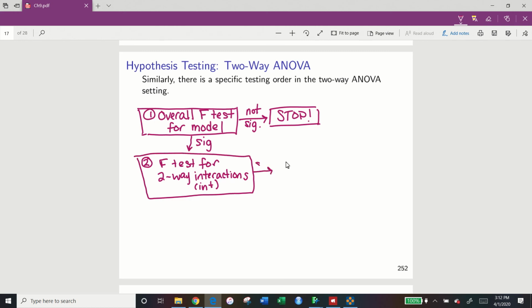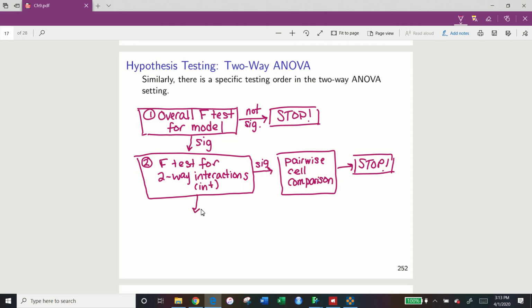If this F-test is significant, we will then do pairwise cell comparisons to see what factor level combinations produce the best results. And once we have that information, we'll stop.